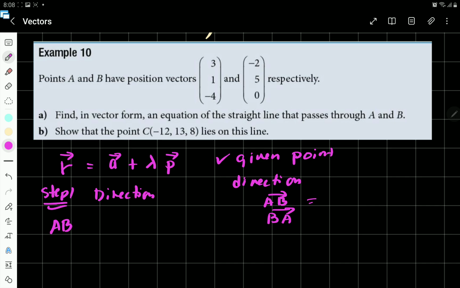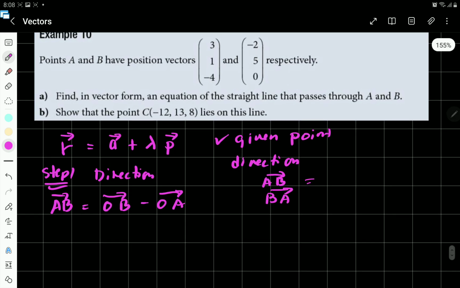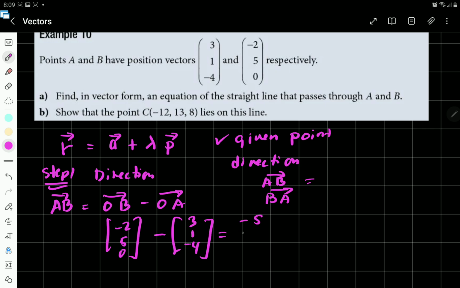So we want AB, which is equal to vector OB minus vector OA. Your OB is negative 2, 5, 0, minus your OA, which is 3, negative 1, 4. That will give you negative 5, 4, and positive 4.